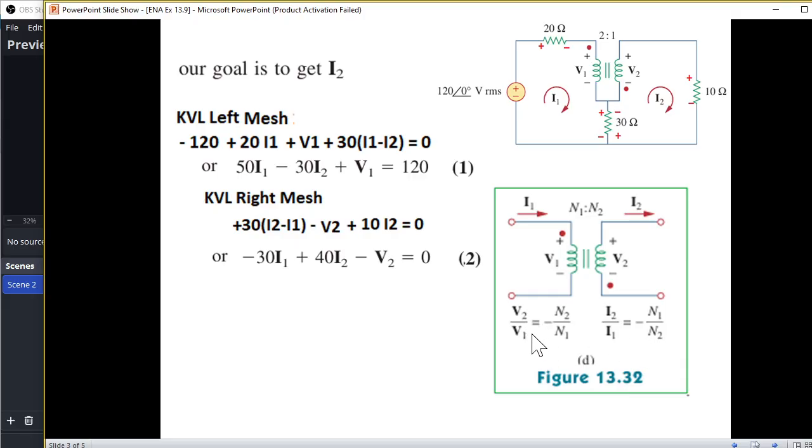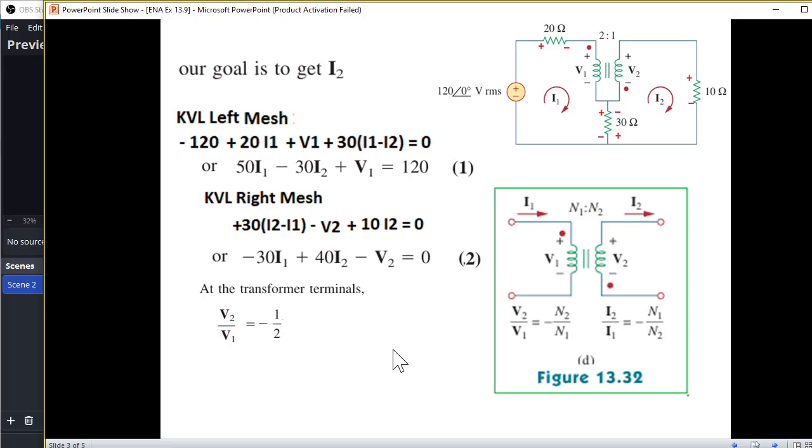V2 over V1 is minus N2 over N1, and current I2 over I1 is minus N1 over N2. In the case of current, it goes differently, N1 at the top. So V2 over V1 is minus N2 over N1. Now if you look here, N2 is 1 and N1 is 2, so it is 1 over 2.